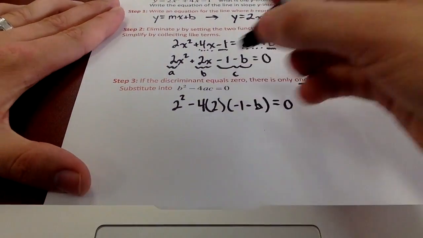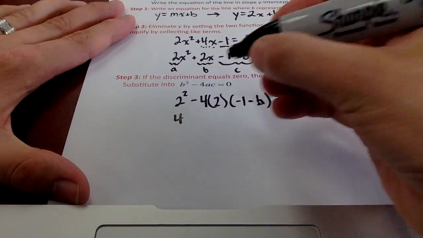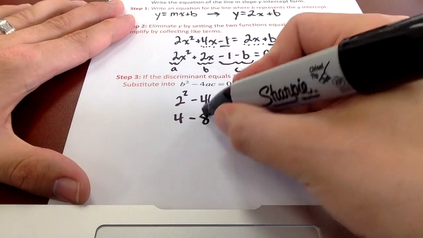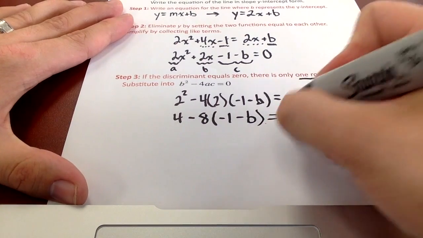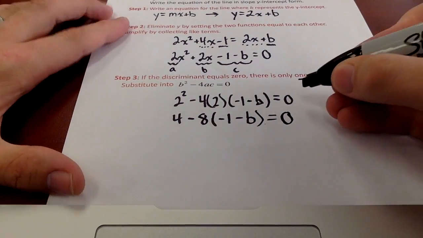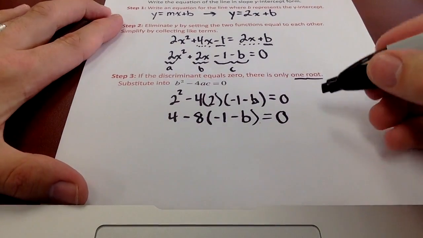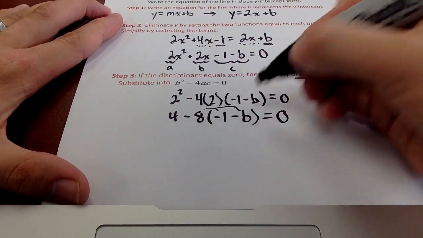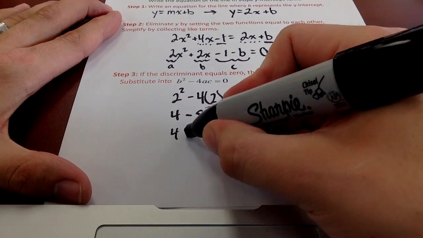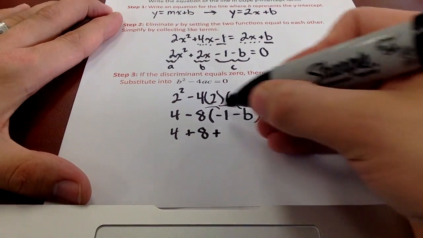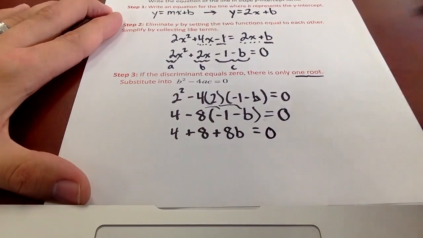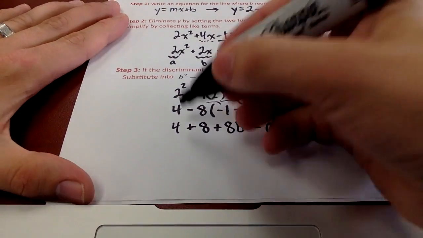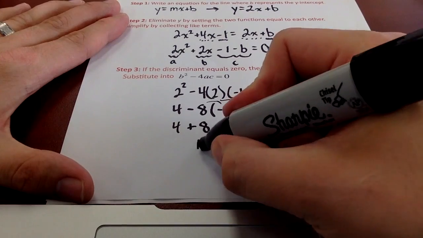Okay, so if I just clean this up a little bit, I've got 4 minus 8 times (-1 minus b). My goal here is just to solve for b, right? I want to get the y-intercept. So I'm just going to expand this -8 into the brackets. I should get positive 8, and plus 8b, equal to 0. 4 plus 8, I know that to be 12.